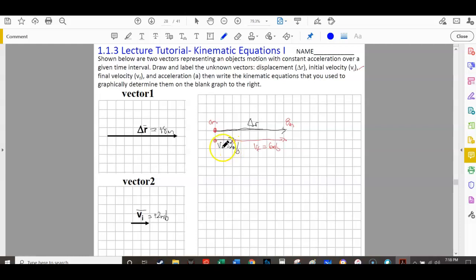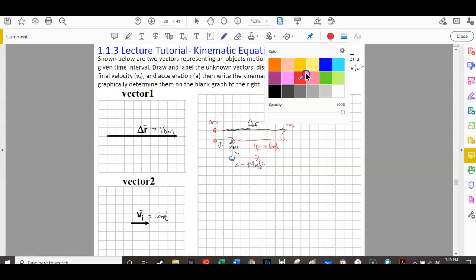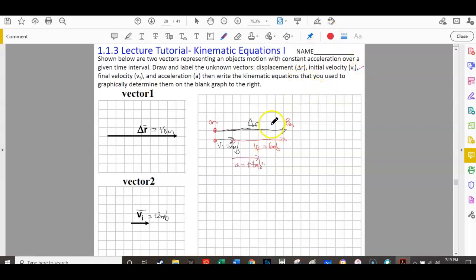That means if we have an initial velocity vector of plus 2 and a final velocity vector of 6, then just by thinking about it, acceleration had to add 4 to this number over that 1 second to make it become positive 6.